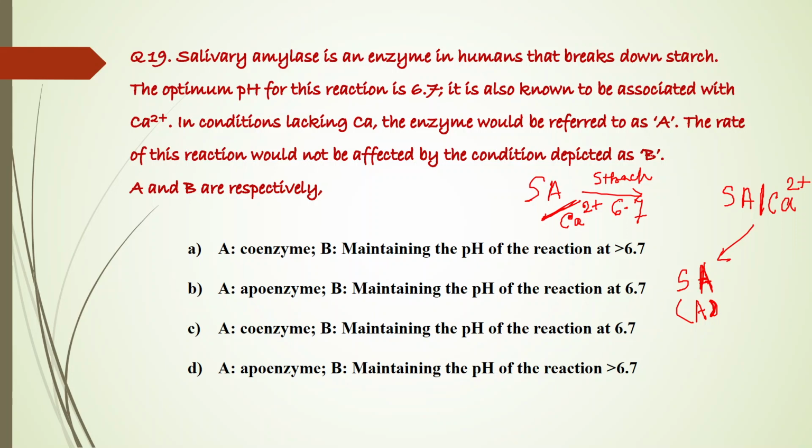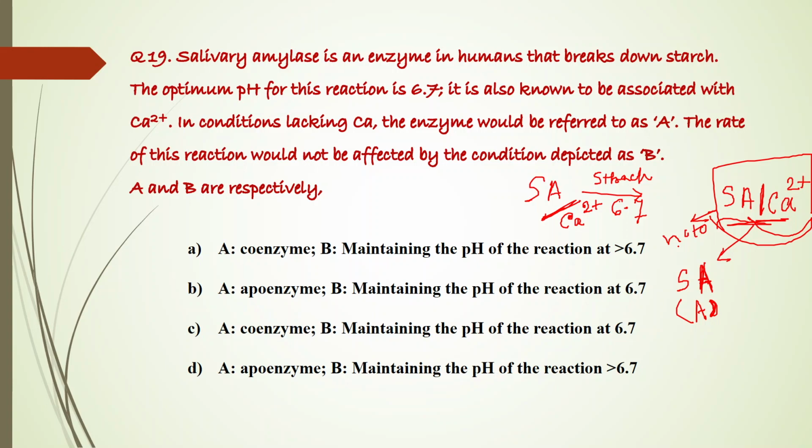First of all we need to understand that whenever some kind of metal ion is associated with the enzyme, their overall combination will be known as holoenzyme, because now we have our protein part SA and the non-protein part calcium 2+.